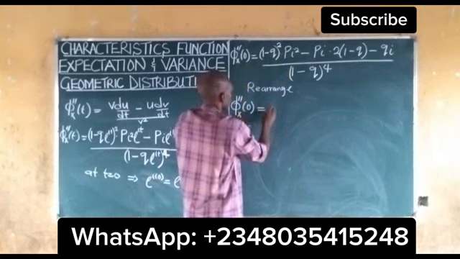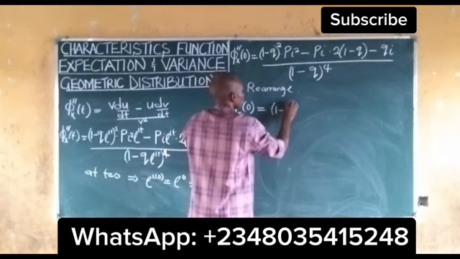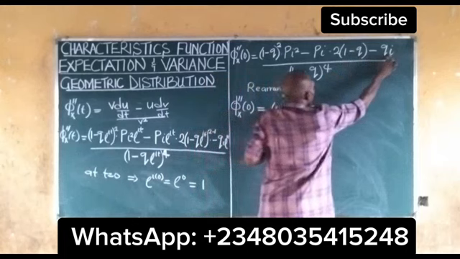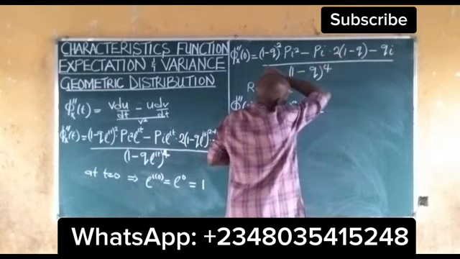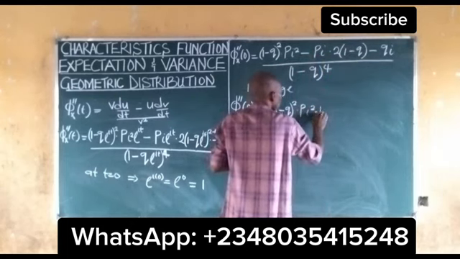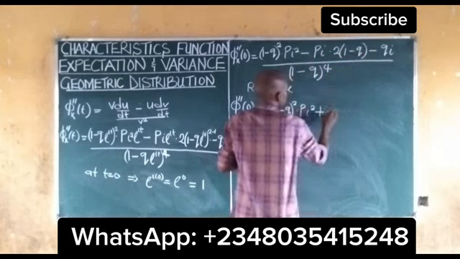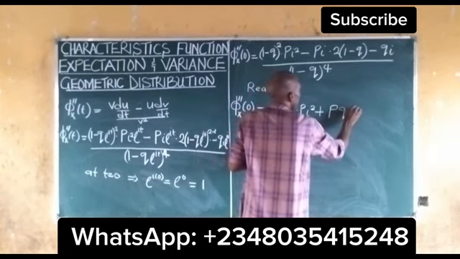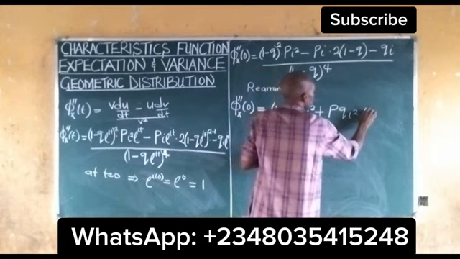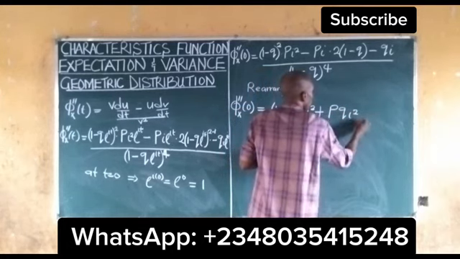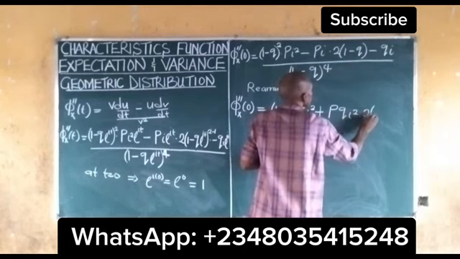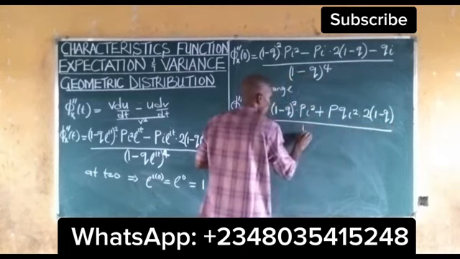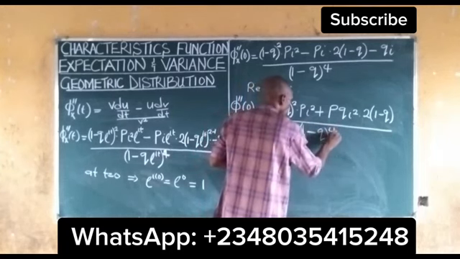Of course, we note that 1 minus q all squared into p i squared minus i multiplied by i will give us, this multiplied by this will give us plus i multiplied by i will give us pq i squared into, multiplied by this, 2 into 1 minus q all over 1 minus q raised to the power of 4.